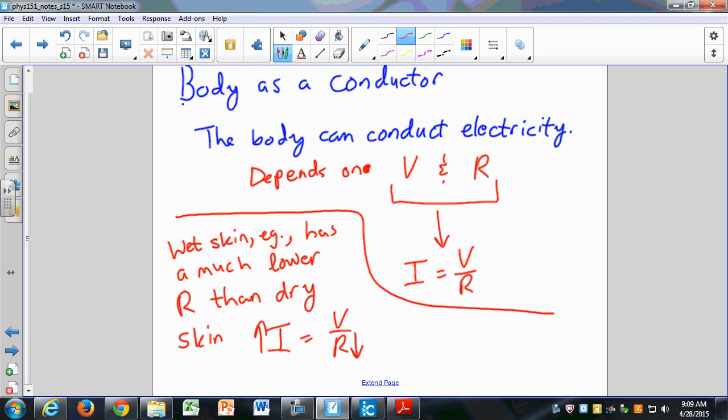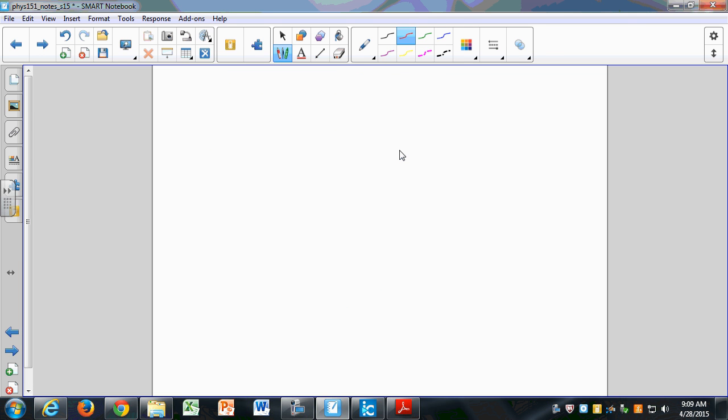All right. Let's see. There's a table of currents and their effects on people on page 158 in your book. I'm just going to sort of highlight some of these, but you can follow along if you like. Most people can feel about 1 milliamp.